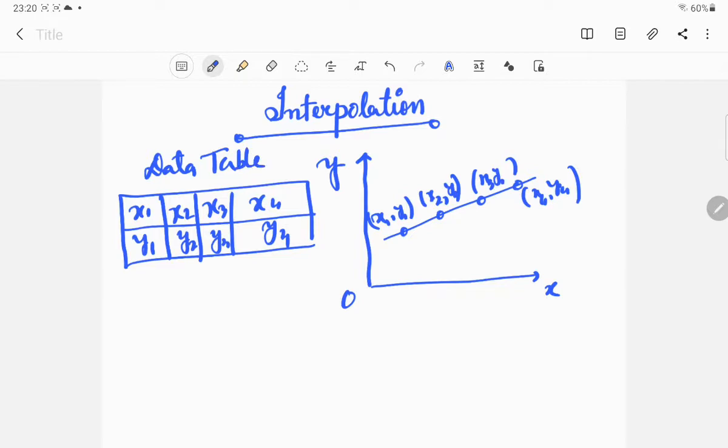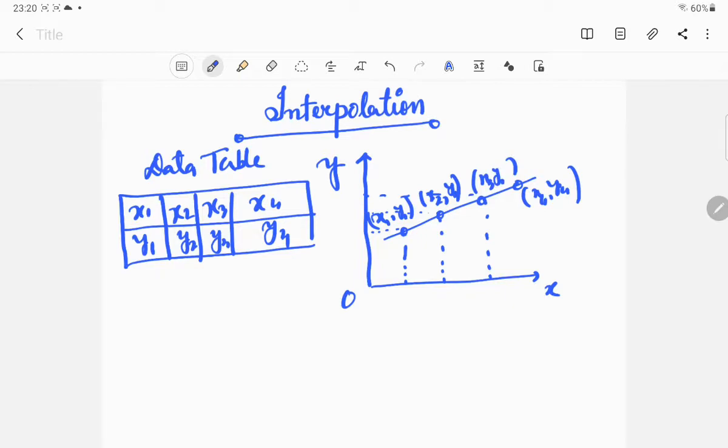So what happens in interpolation? Now you have all these values. You know for x1 what will be y1, for x2 what will be y2, for x3 what will be y3, and so on.